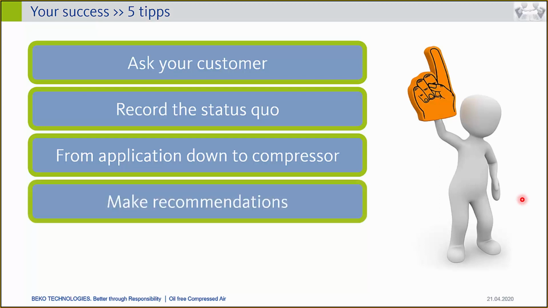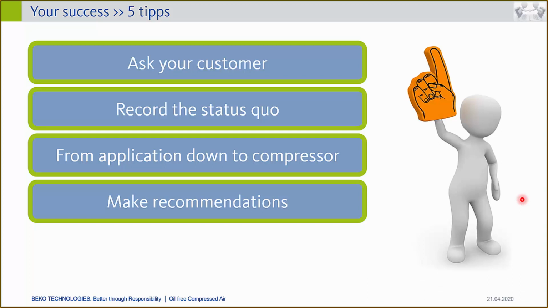Make your recommendations based on the recorded status quo, and these recommendations can follow different demands. It's either the quality demand, the energy saving potential, or process safety.